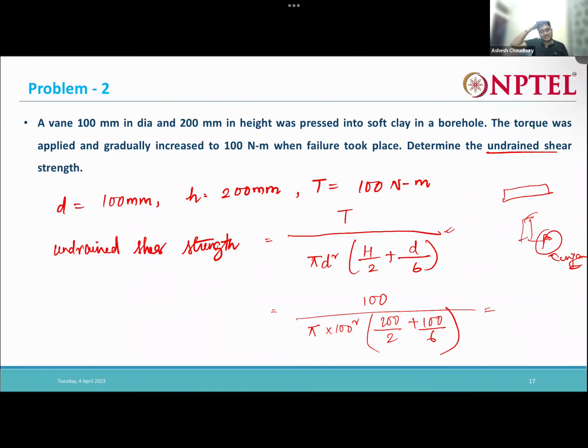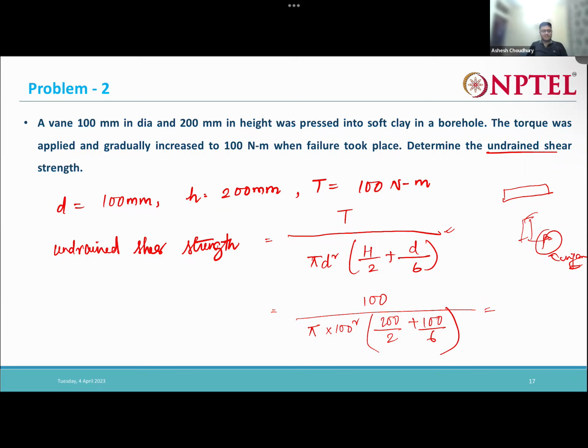So these vane shear tests are generally used in very highly sensitive clays. Okay, say you have clay near the shoreline or something like that. It is very difficult to collect undisturbed sample.